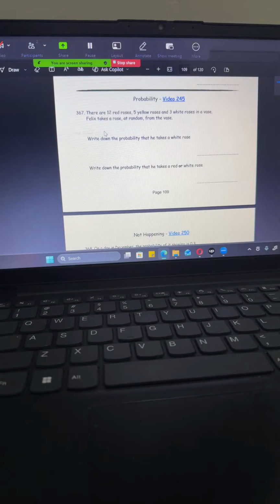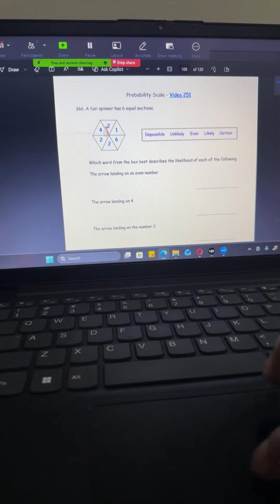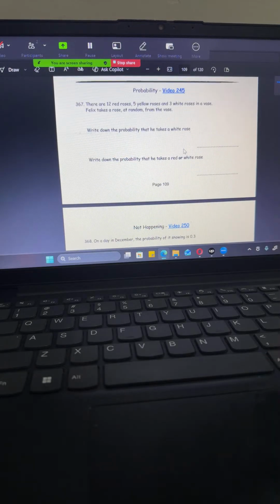We're not supposed to find whether it is likely or not, we need the exact probability. So we add all the roses together to get 20, and then we do 3 over 20. That's the final answer.